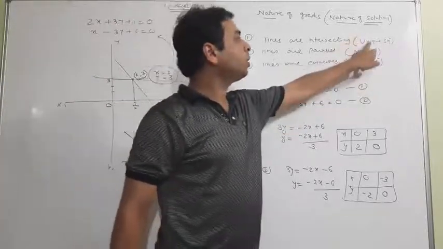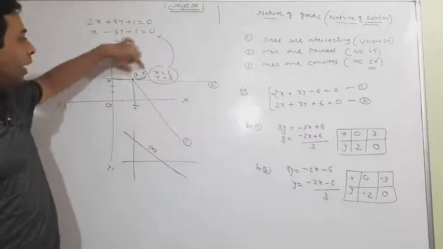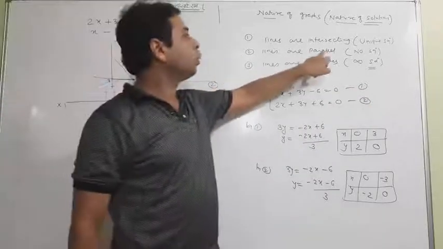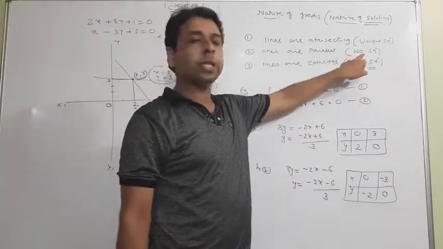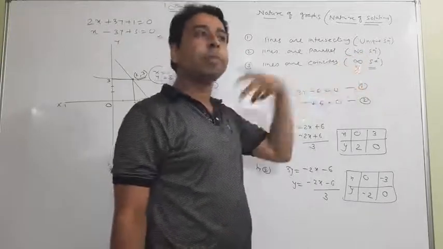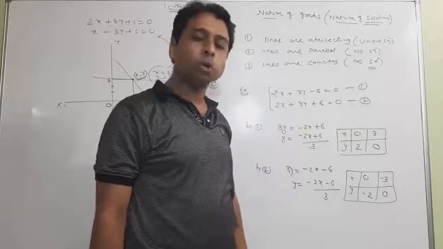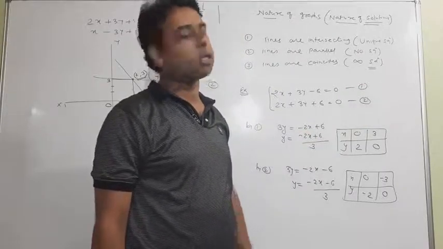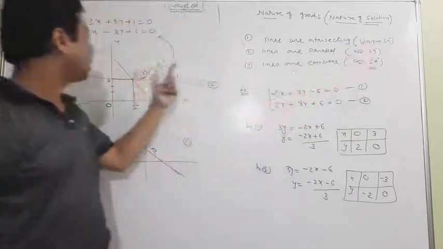Only unique solutions can be written in coordinate form. In no solution, definitely there is no solution, and in infinite solutions the number of solutions is infinite, so also we can't write it in a coordinate system. Only one unique solution can be written like that.